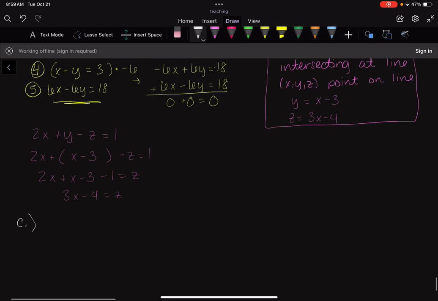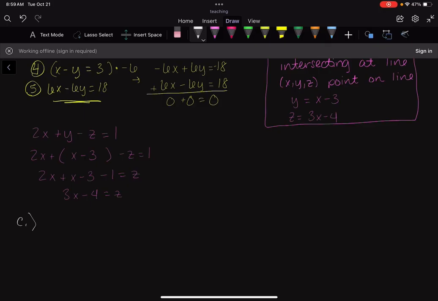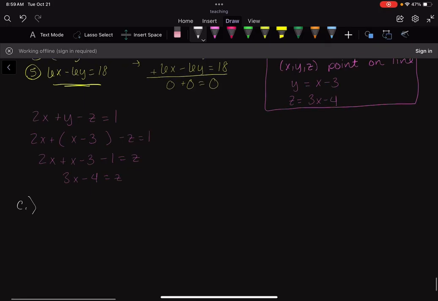We have one more type that I would like us to see, and then I think I'll do another one of just like a point as the answer. So let me write this one out for us.